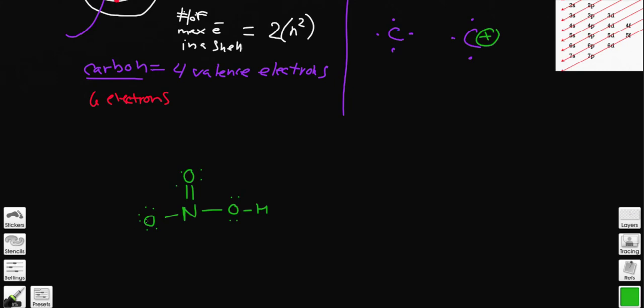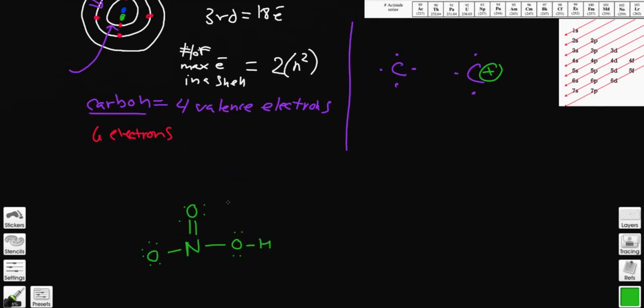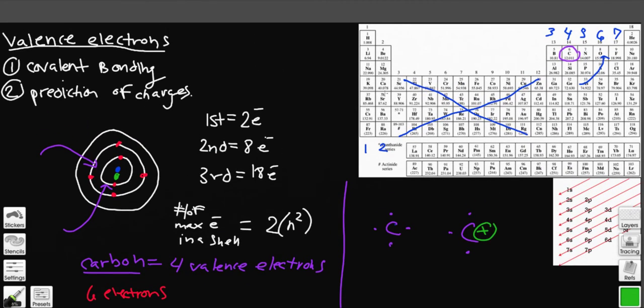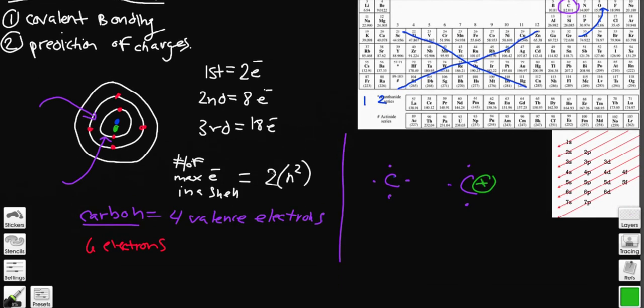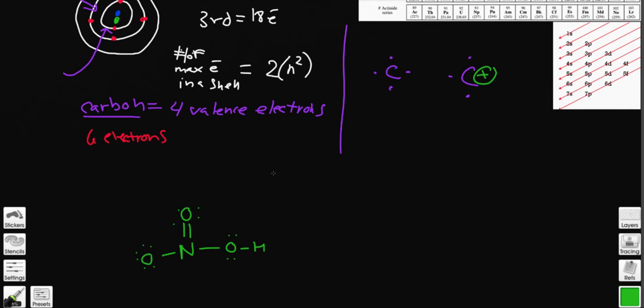Now, how many valence electrons does oxygen want in order to be happy? Oxygen wants to have 6 valence electrons. So let's see if we can find 6 valence electrons around every oxygen. Let's start with this oxygen right here. Around it there's 1, 2, 3, 4, and remember, a bond is made up of 2 electrons, so 1 on each side, 5, and 6.